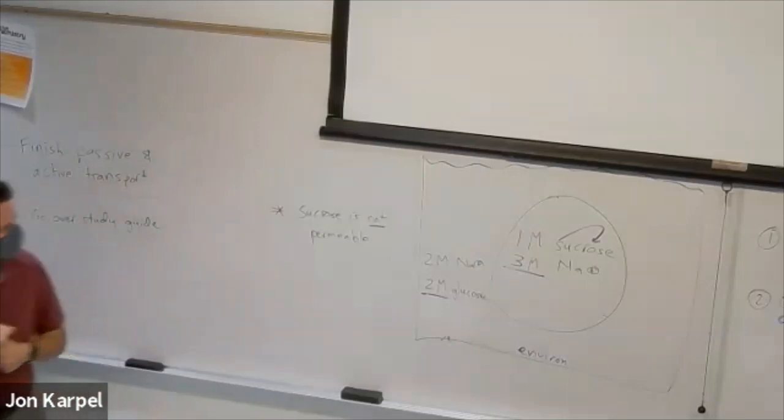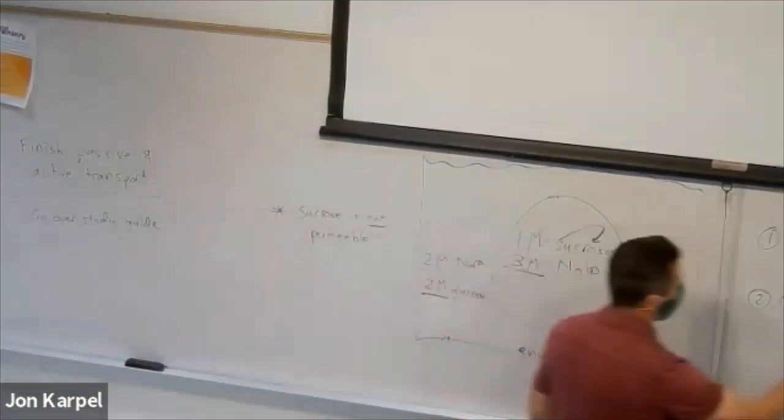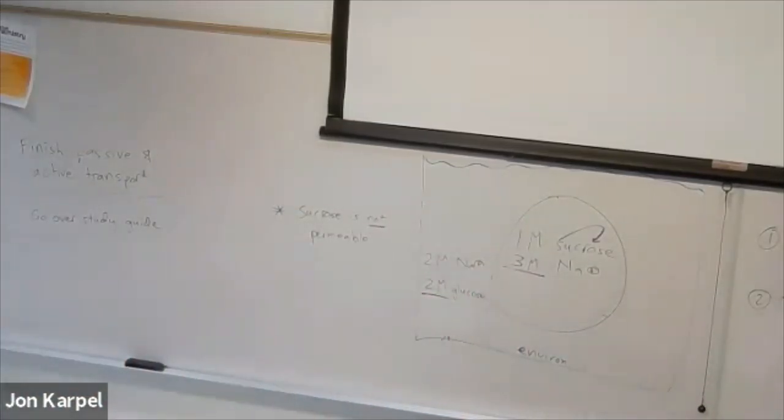How about that? So 2, 2, 3, and 1. Go ahead and do the same thing. So I love this question. All I have to do is change the numbers, and you get a whole new situation.